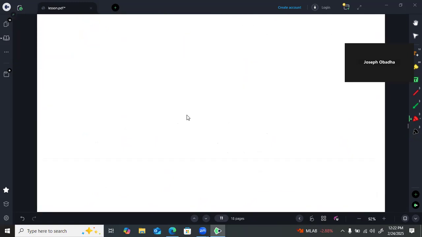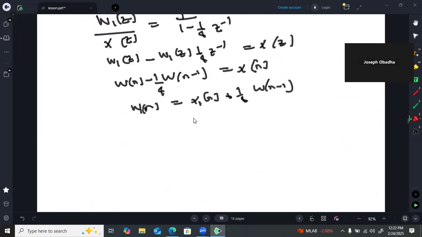So we can actually draw the H1 part. I will start by drawing this part so that we have the X part first.